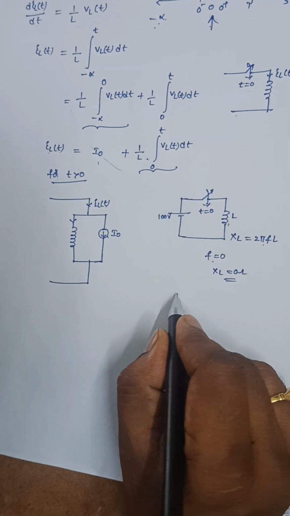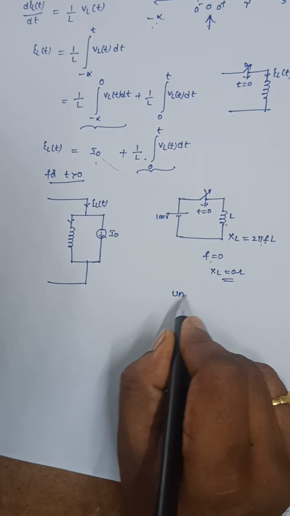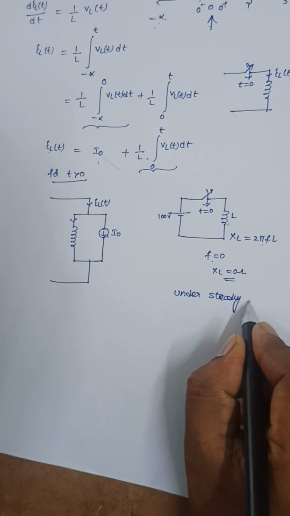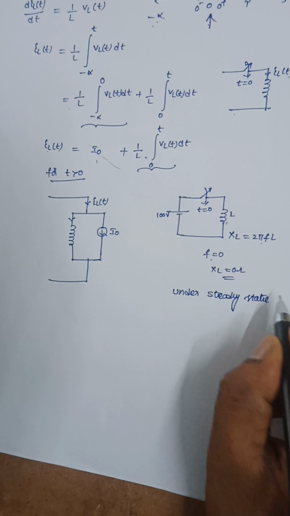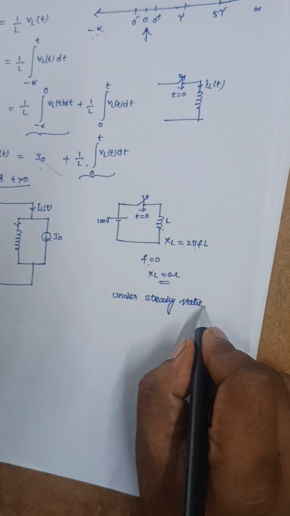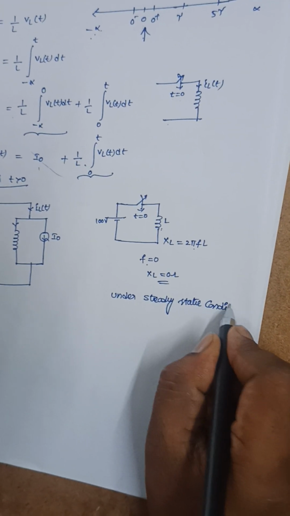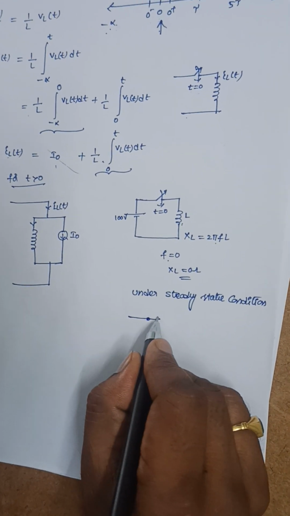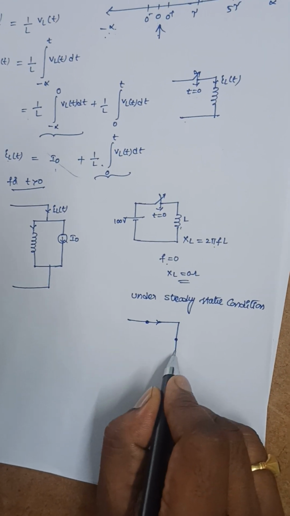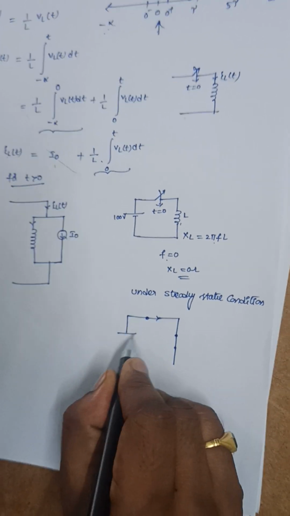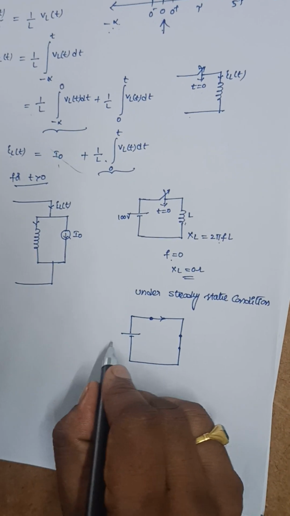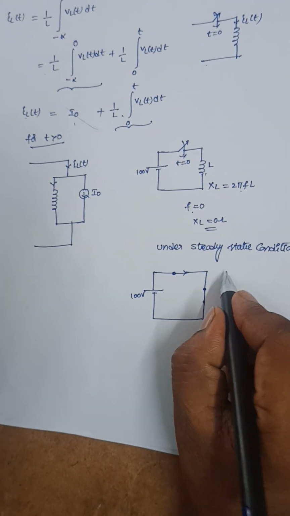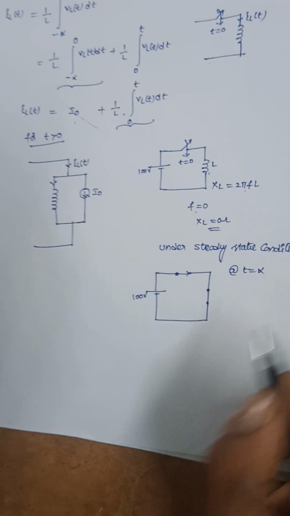That means under steady state condition, or steady state means final condition, that means at t is equal to infinity, this inductor will act as a short circuit. So this is the circuit that we can draw at t is equal to infinity.